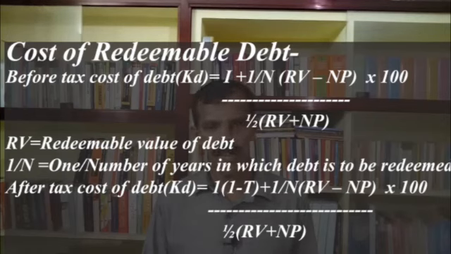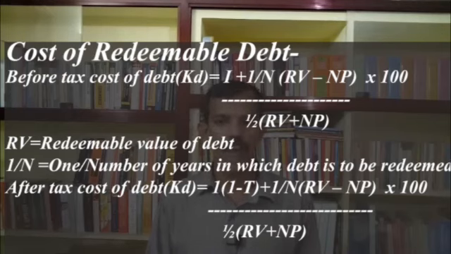RV is the redeemable value of the debt after the end of 5, 6 or 10 years. On completion of that period, we have to pay back that amount at the time of redemption of the debenture. The amount we pay to our debenture holder is our redeemable value. RV minus NP, where net proceeds we already know how to calculate, divided by half of RV plus NP, into 100. That is our formula.